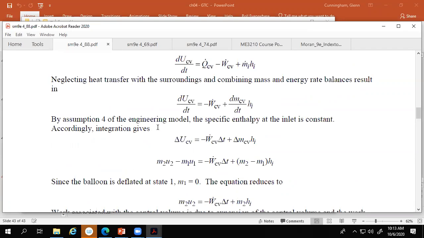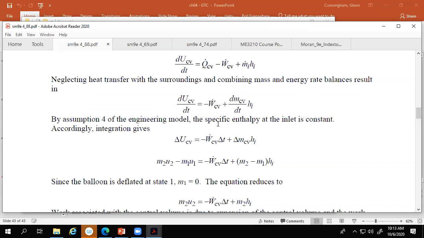Okay, so you can integrate this. If you multiply by dt and do the integrals, well, this is just a dU, so that integrates into a delta UCV. This is constant, so this integrates, so you pick up a delta t over here because you multiplied through by dt and integrated it.